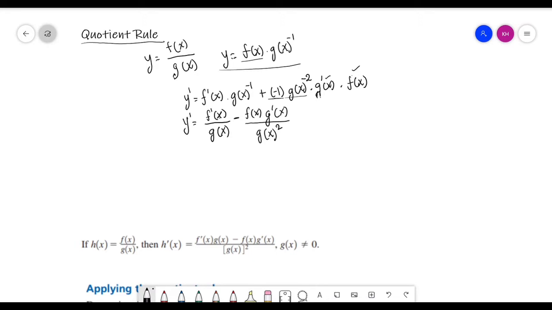Now if we have to simplify it further, we can take the common denominator of this to be g of x squared.